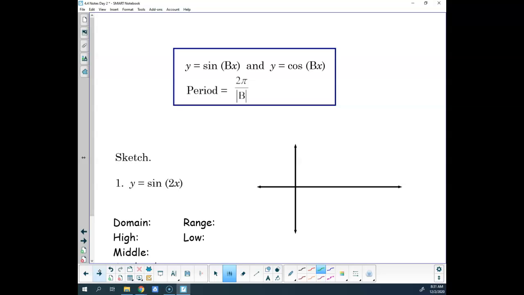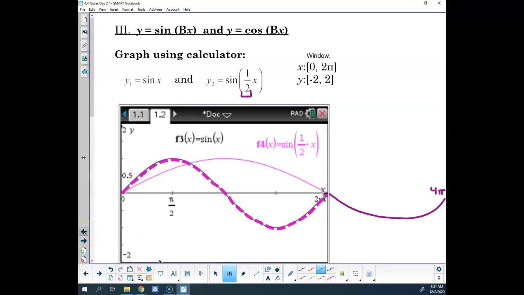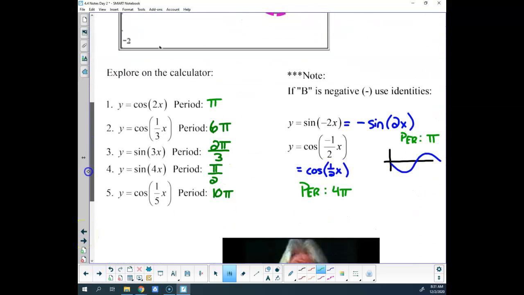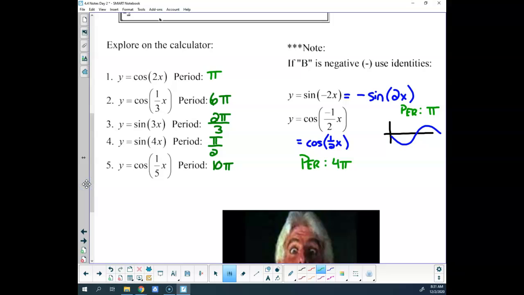I'll show you. Let's go back a slide. So if we go back down here to these that we just found, my b value in number 1 is what? 2. What's 2 pi divided by 2? Pi. There's my period. In number 2, it's 1/3.